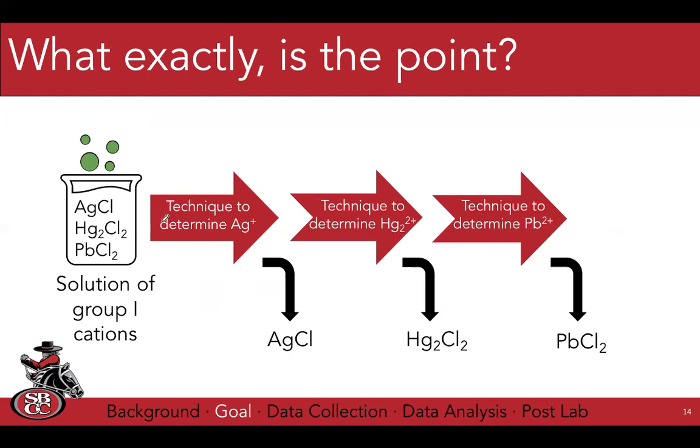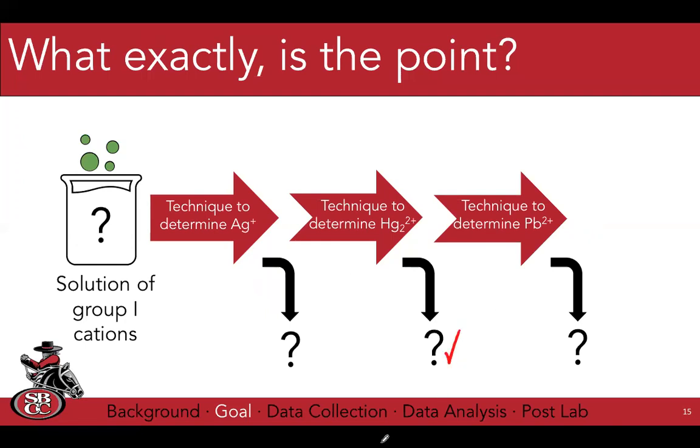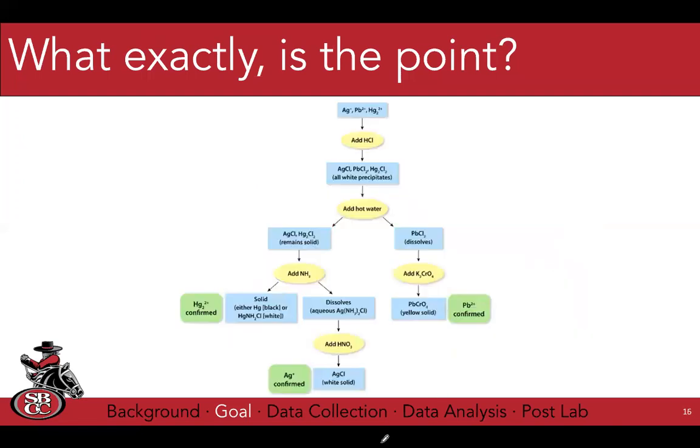So we want to find a technique to individually and only determine whether silver exists, a technique to determine whether mercury 1 exists, and a technique to determine whether lead 2 exists. And then once we know those techniques work, we'll be given a solution of an unknown collection of group 1 cations, and we will apply them to determine what exactly is present in our solution.